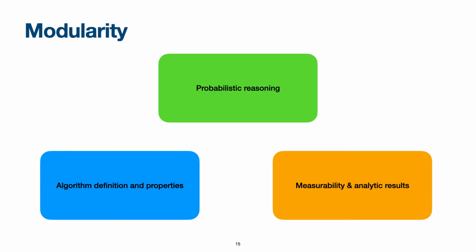Building on these, we can prove the part that is about the probabilistic reasoning. This part obviously depends heavily on the algorithm definition and the properties of the algorithm. But very nicely, with just a tiny amount of automation to make sure that the proper premises are discharged, we can actually develop all the probabilistic reasoning without having to worry about the results on measurability and analytic results.